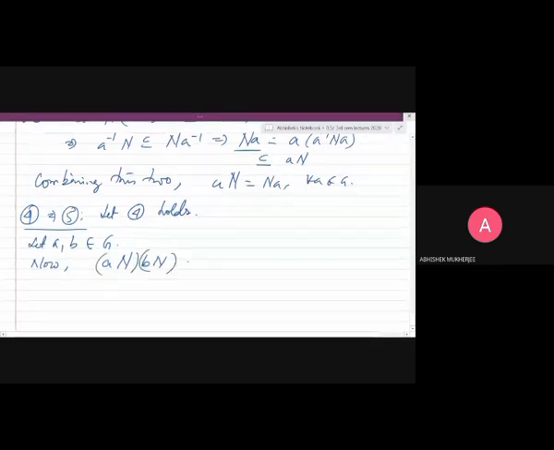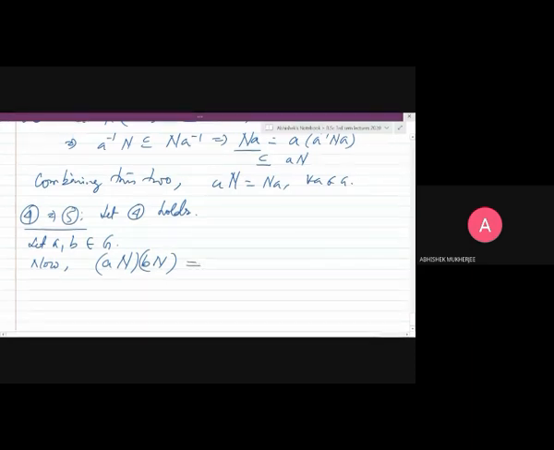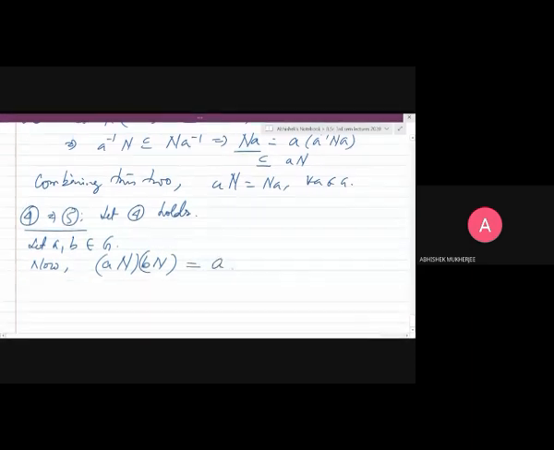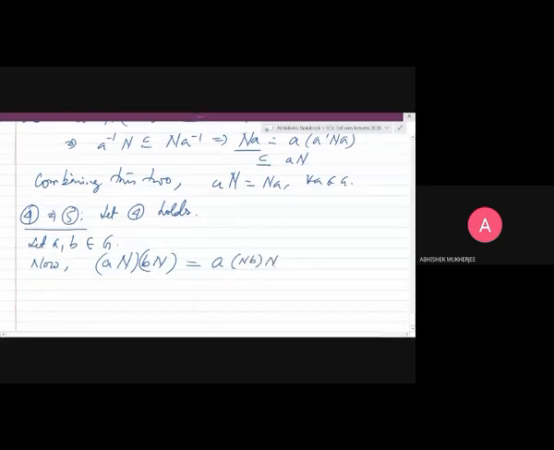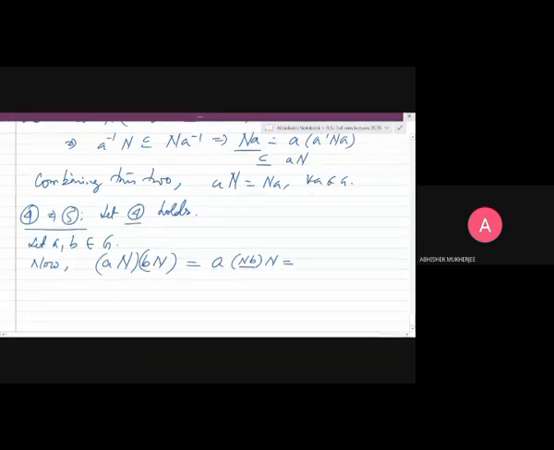Now this is a right coset, Nb. But according to 4, every right coset is a left coset.